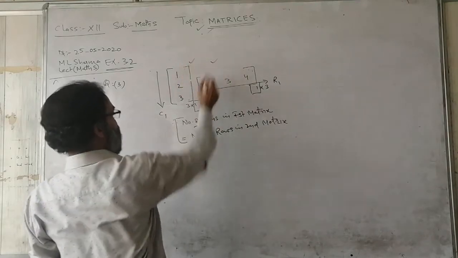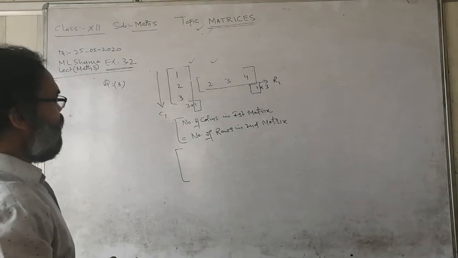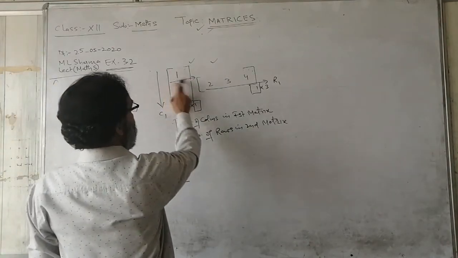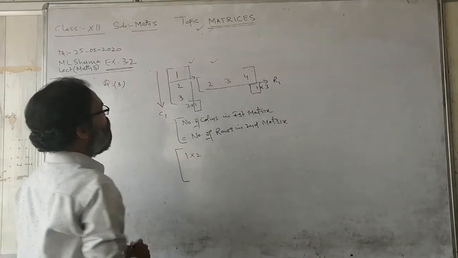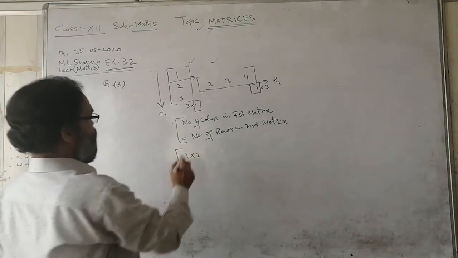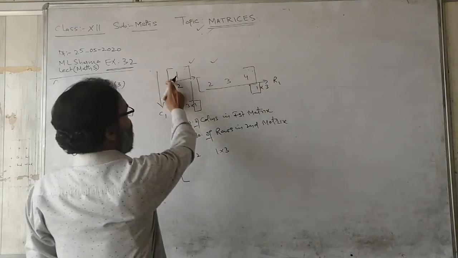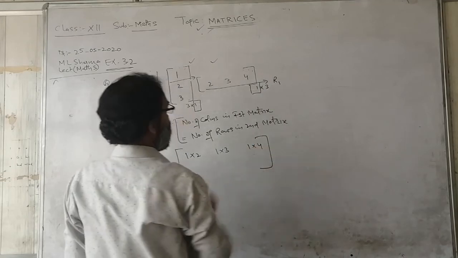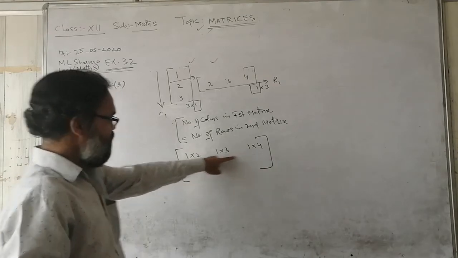So for multiplication, what we do is a row into column. The first row element is 1, so 1 into 2, then 1 into 3, then 1 into 4. In the first row, these are the elements.